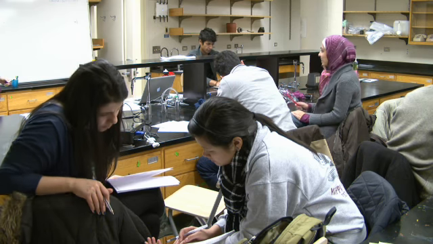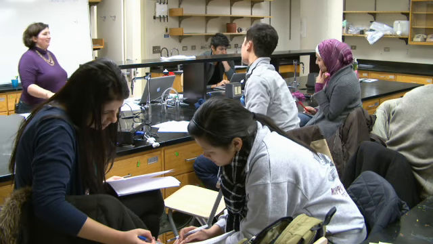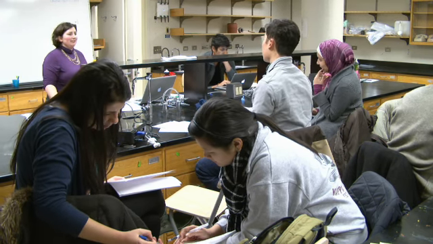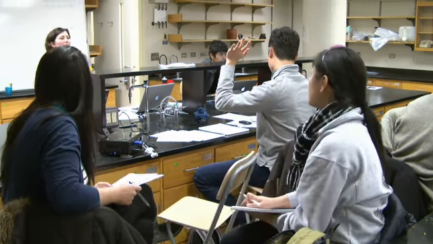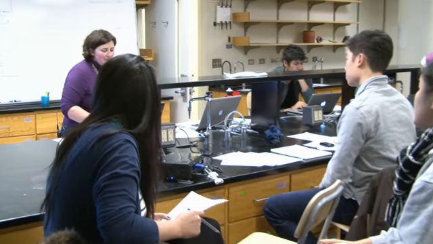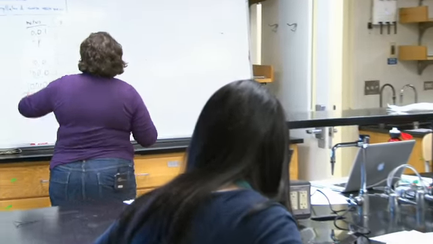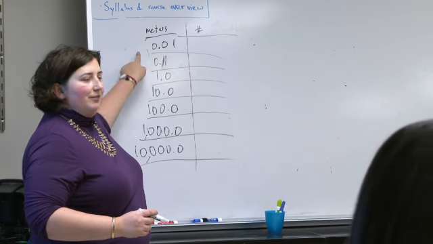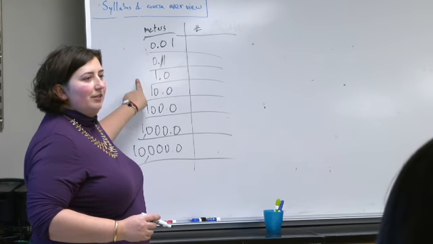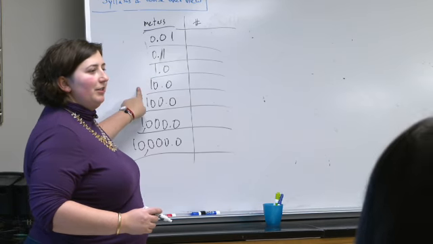Okay, does every team have a guess? Does any team not have a guess? Or can you raise your hand if you have a guess? Okay, great. So did anyone have 1,000th of a meter or 100th of a meter? 10th? A meter? 10 meters?